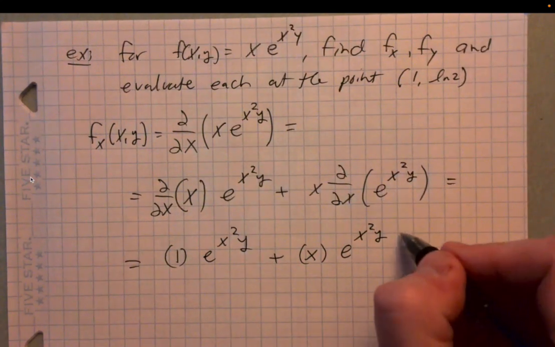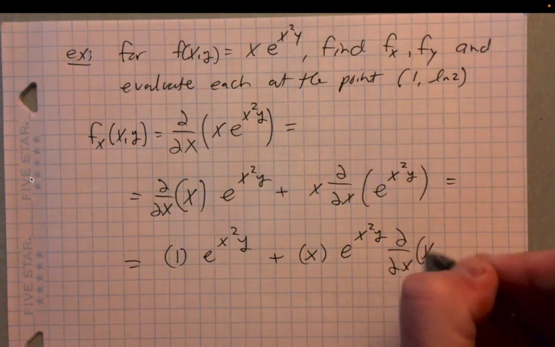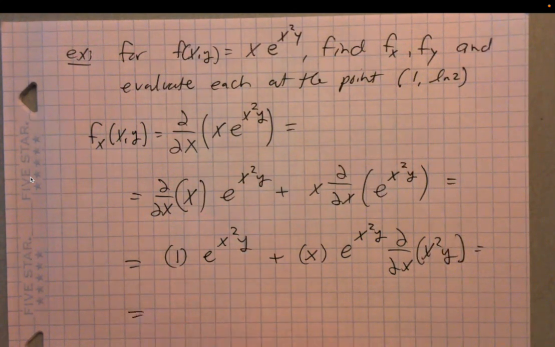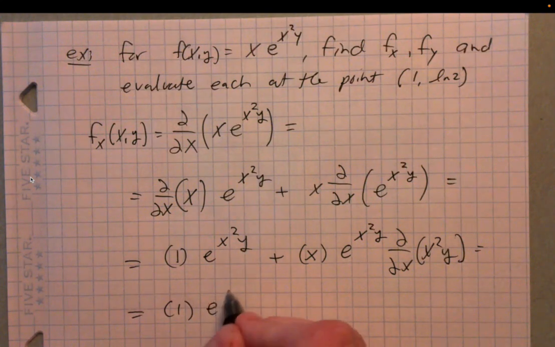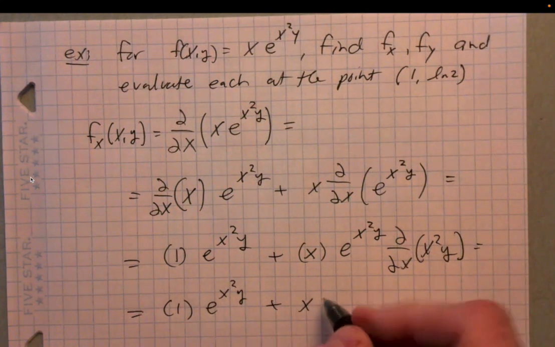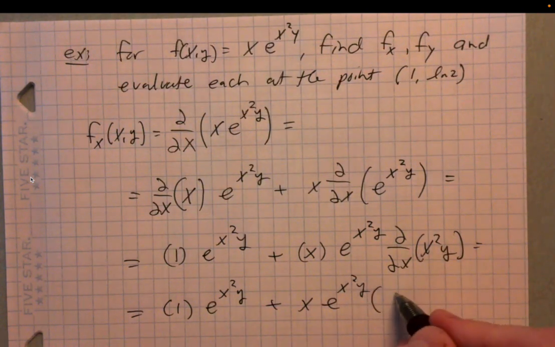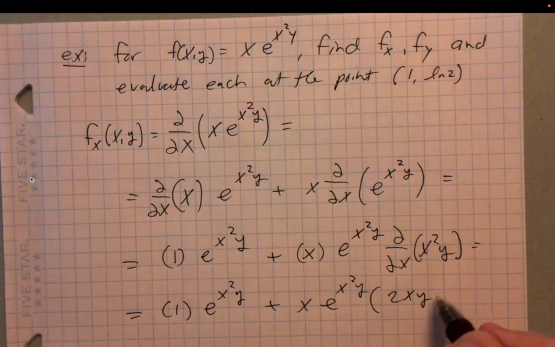Let me actually write that in just so that that's clear. So it would look like that. Right, so you've still got the 1 here, e^(x²y), plus x e^(x²y), and then this last piece here is 2xy, right?